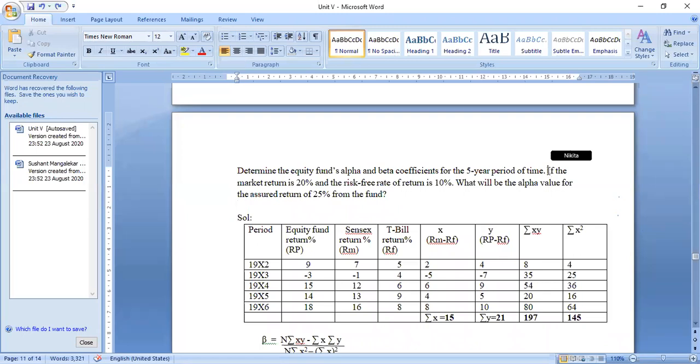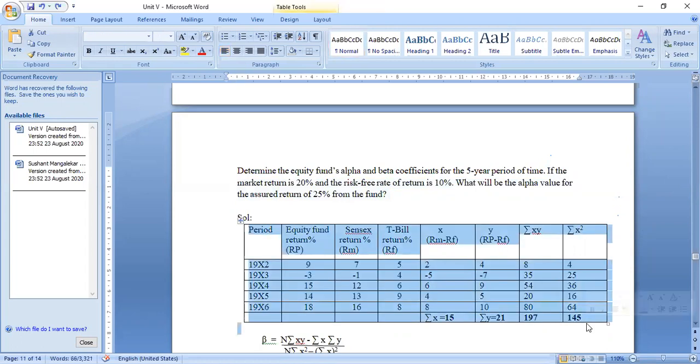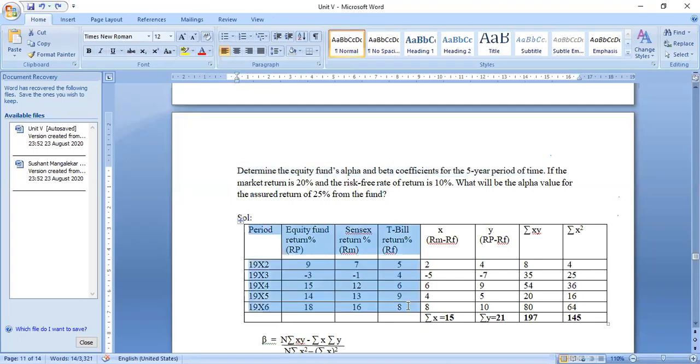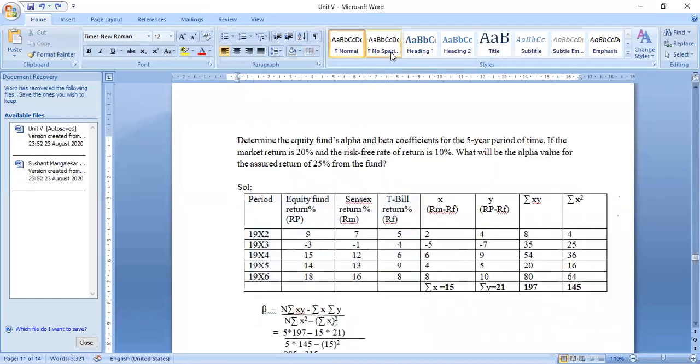Here we are not given the additional number of years. What we are asked is, if the market return is 20%. Now we are not going to consider these values. For the values given in the form of the question, we have calculated the equity fund's alpha and beta coefficients for the 5-year period, using the table given for us with regard to equity fund return, Sensex return, as well as the treasury bill return, that is the risk-free rate of return.